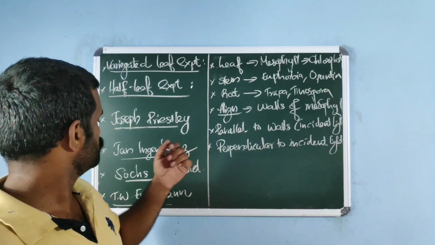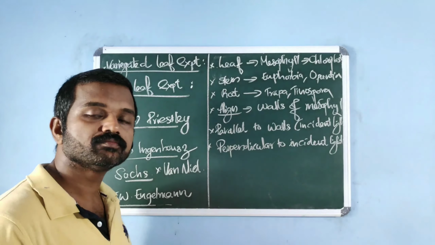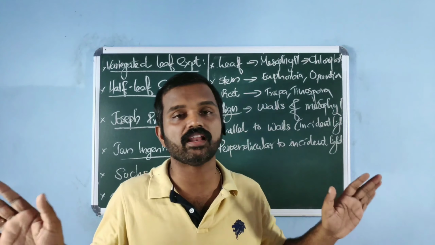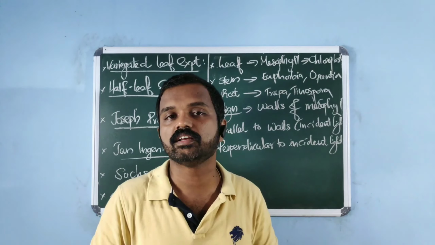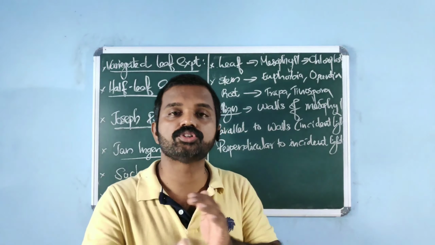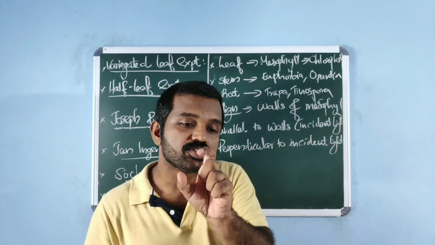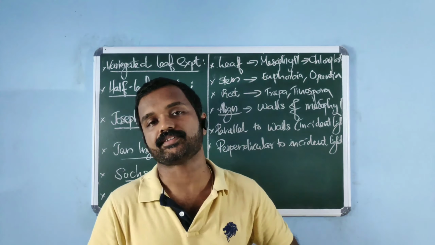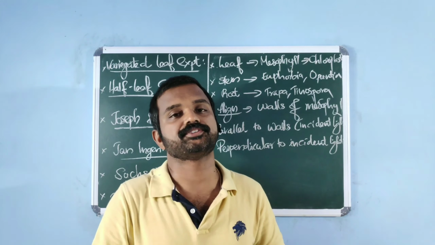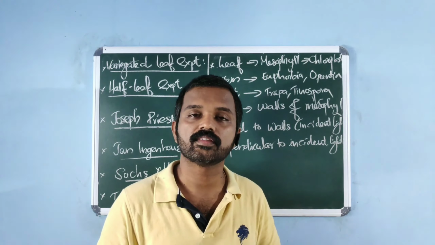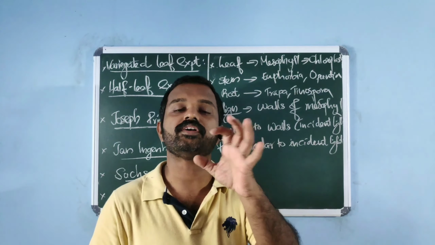Then comes Van Niel's experiment. Two contributions. First one, photosynthesis is essentially a light-dependent process. And second, during photosynthesis, carbon dioxide is reduced to carbohydrate. In higher plants, carbon dioxide reduced means hydrogen is added. That hydrogen donor is water.